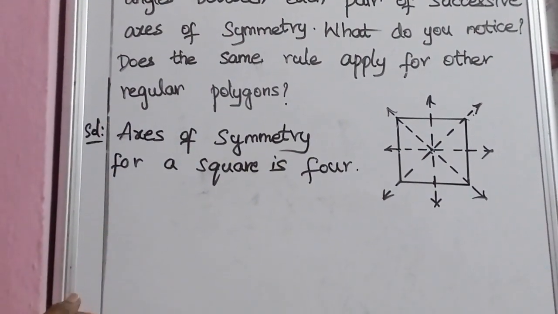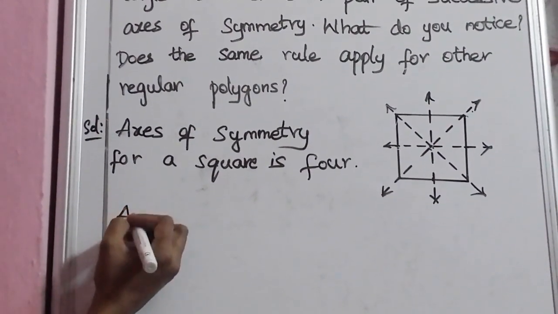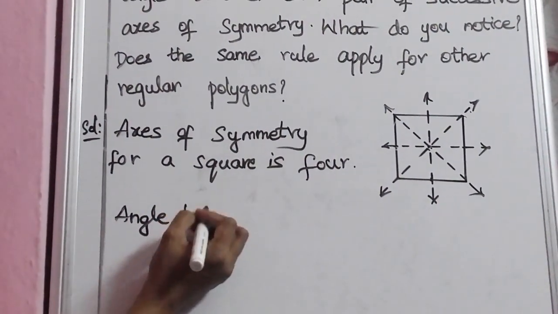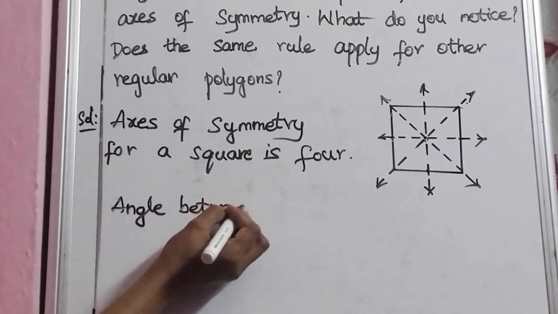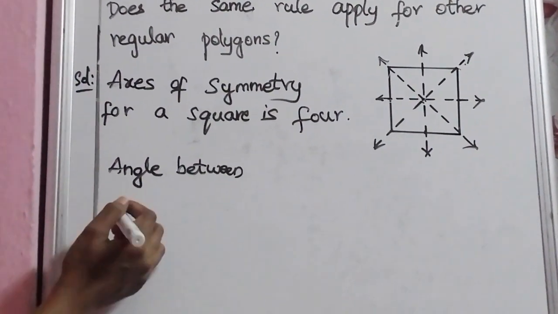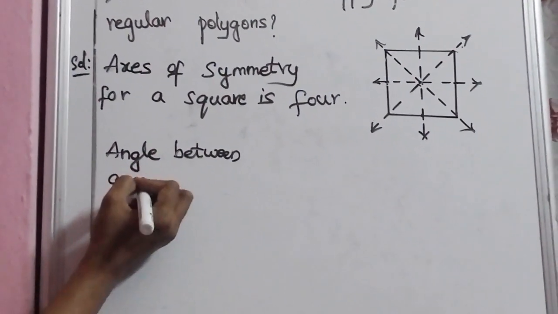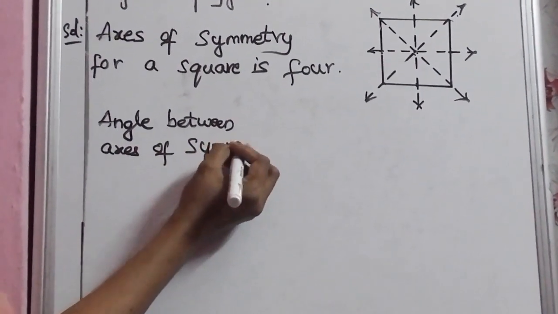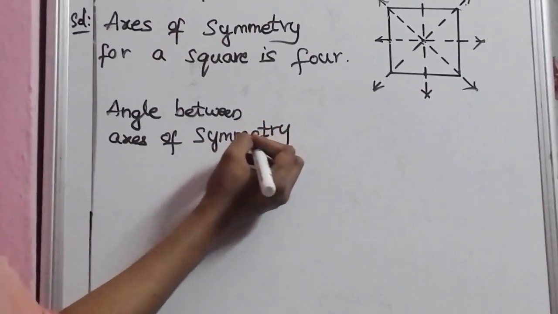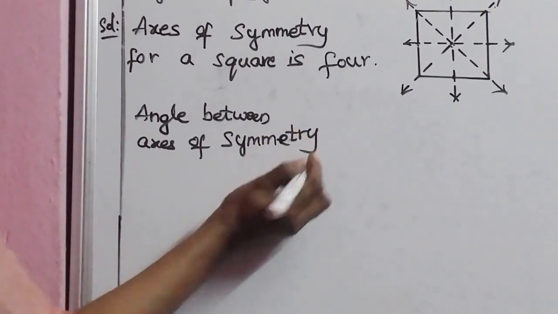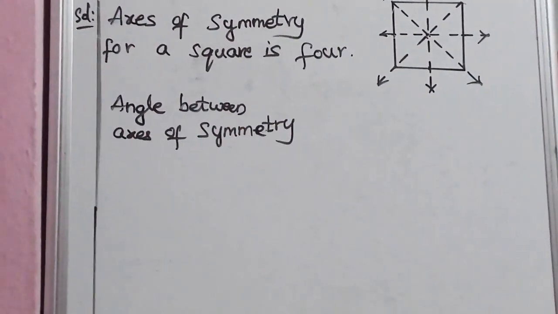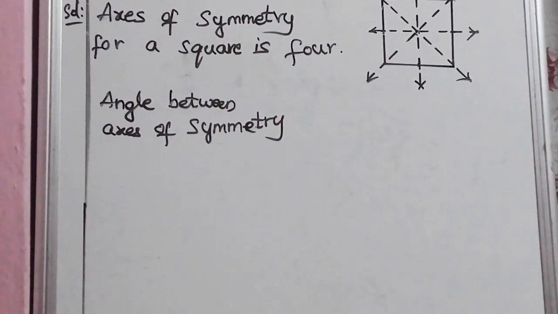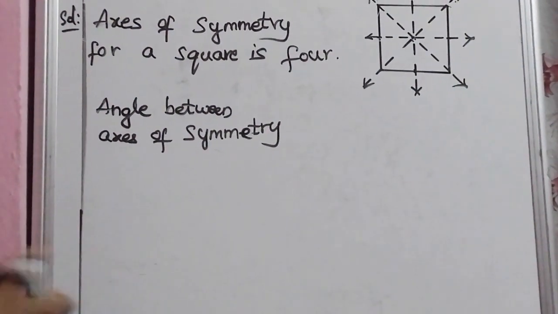Okay, this angle, like that you have to find out the angle. So let us find out that angle between successive axes of symmetry.